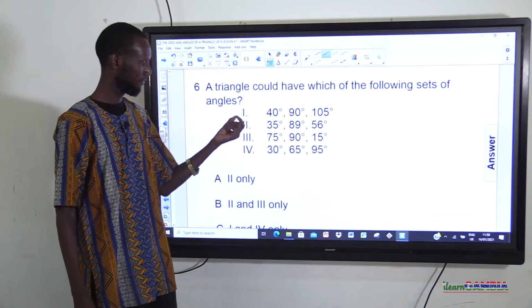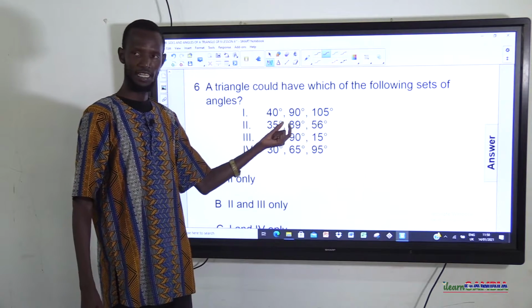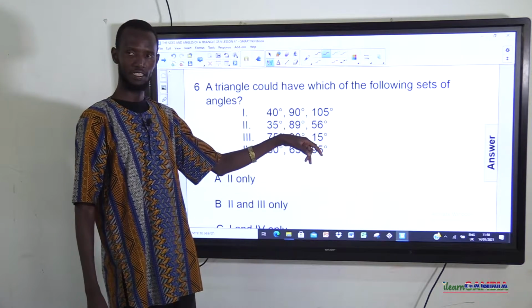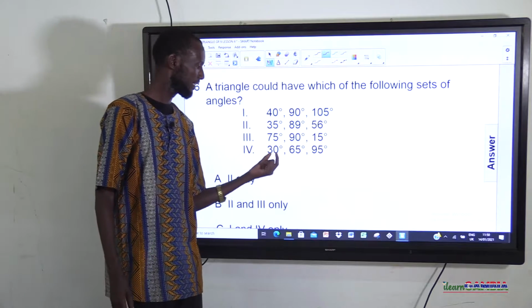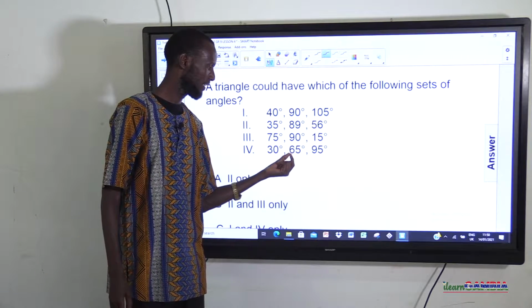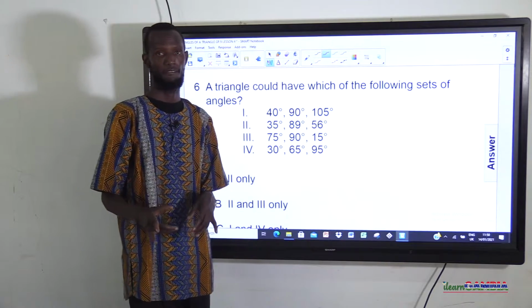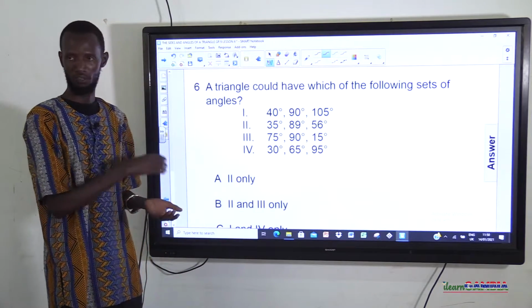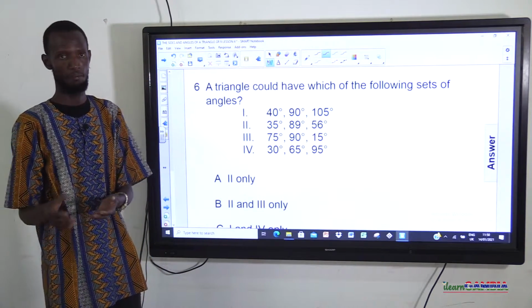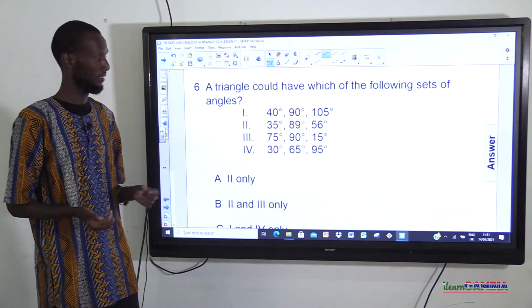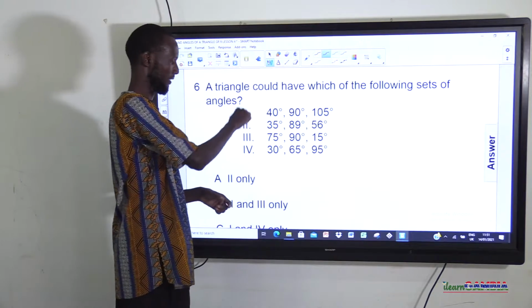Then you have 75 degrees, 90 degrees, 15 degrees. Then you have 30 degrees, 65 degrees, and 95 degrees. Now, which sets or set here will give you a triangle? Maybe all of them, maybe none of them, maybe 1 or 2 of them. Let's see which. We're going to investigate all of them.